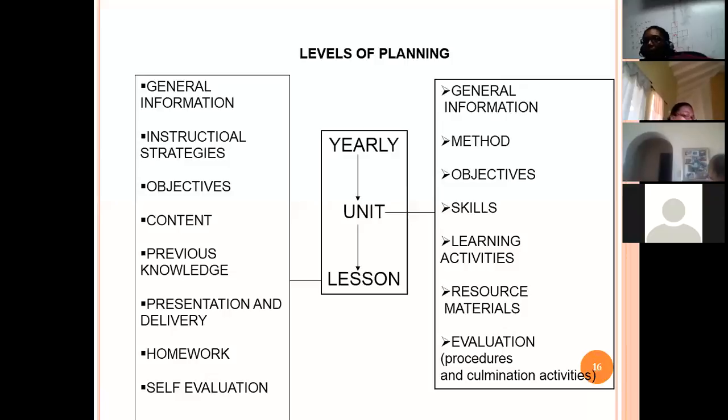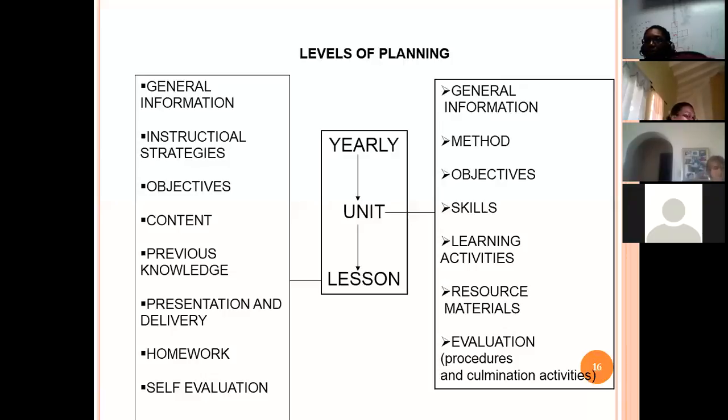And people go about writing the content in different ways. For the purposes of this exercise, I would suggest that you make them bullet points, so that you don't spend a long time writing copious notes, copious pages of information.